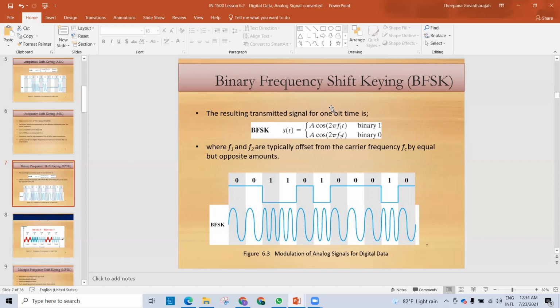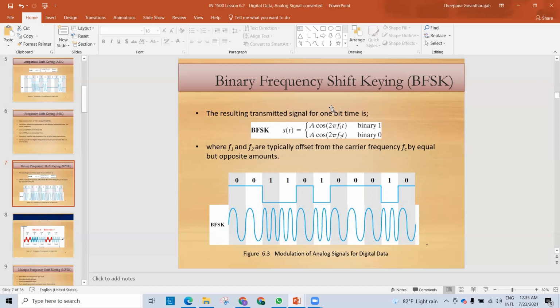As I have already mentioned, in binary frequency shift keying, the two binary values, that means 0 and 1, will be represented by two different frequencies. That is F1 and F2, which differ by an equal and opposite amount from the carrier frequency FC.